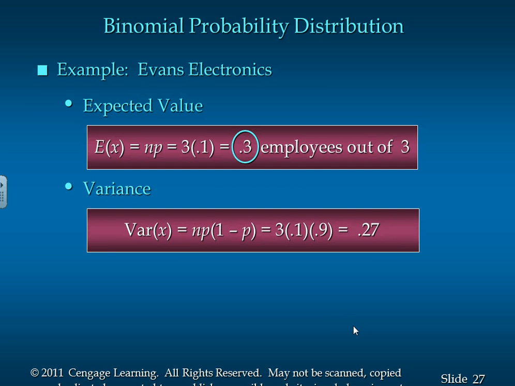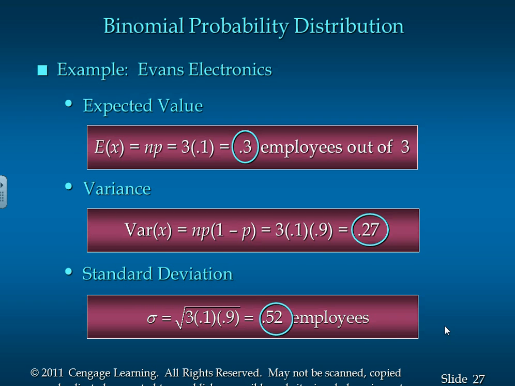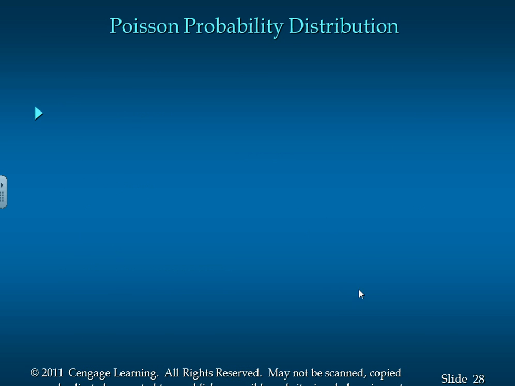So we have an expected value of 0.3 employees out of 3. Variance 0.25, 0.7. Standard deviation, the square root of that. Poisson probabilities, yeah.